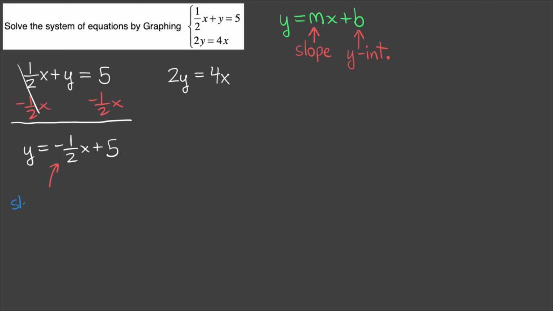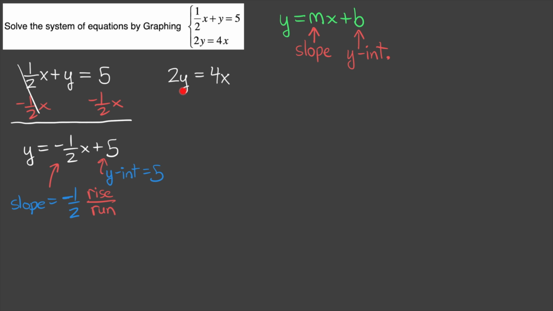So I'll write here slope is equal to negative 1/2. And remember, that's our rise over run. So I'm going to write here rise over run. That'll help us when we actually graph. All right, next we have our y-intercept. So right here, the 5, that is our y-intercept. So our y-intercept just simply equals 5.